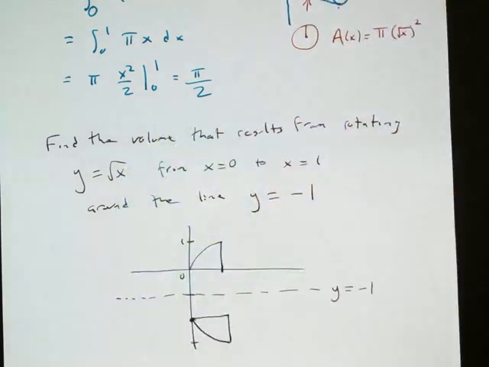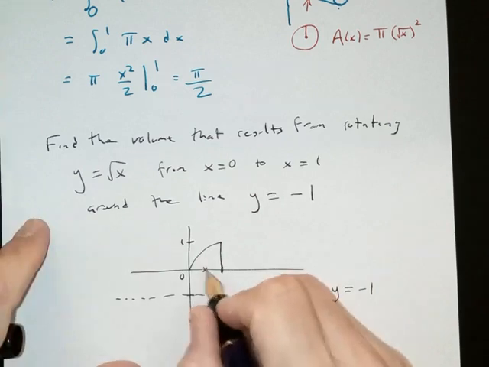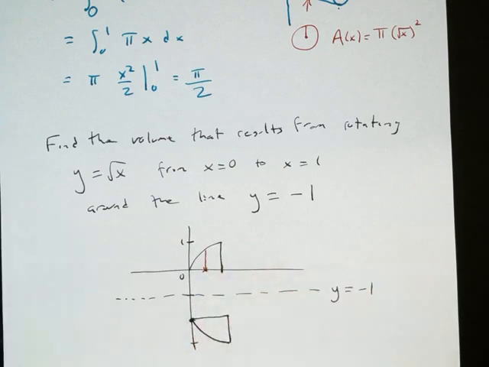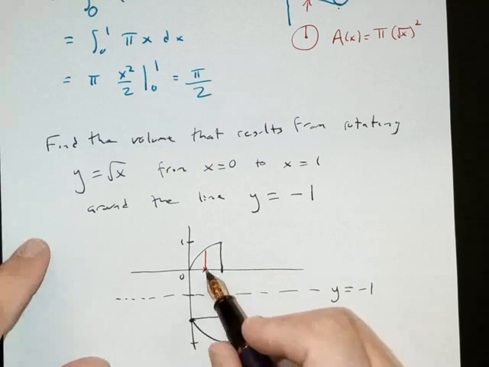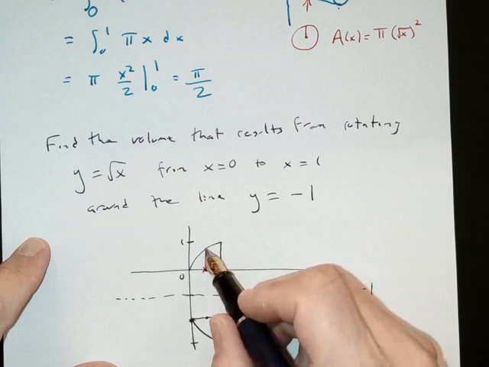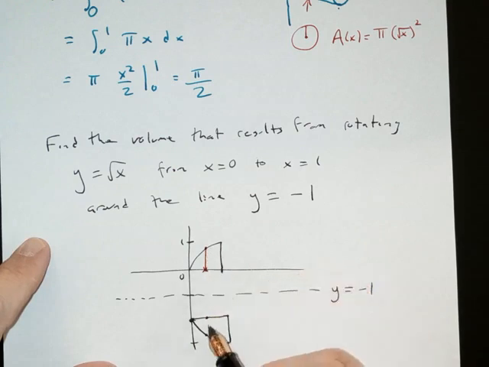Which means my cross section isn't a circle. It's actually two circles. Let's again pick an x value. Draw that little stick. Now, we spin that stick, which means this dot ends up here, and this dot up at the top ends up here.